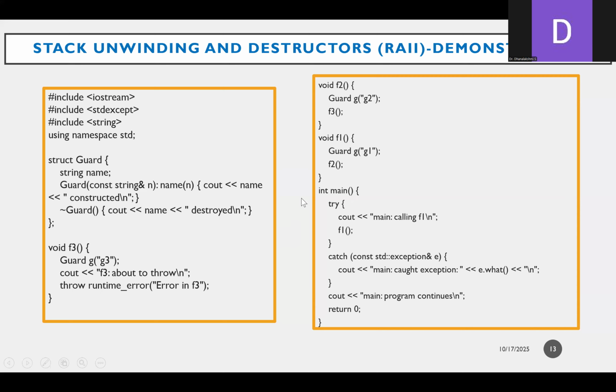Each guard here, the function of this structure is that it will print something like "constructed" when it's created, and it will print "destroyed" when its destructor runs.